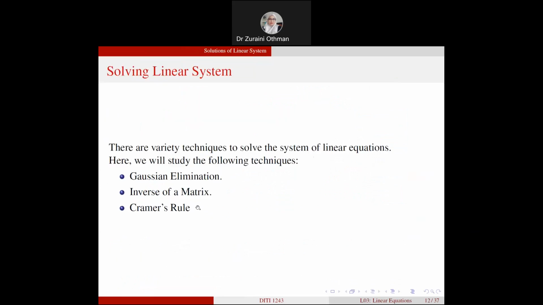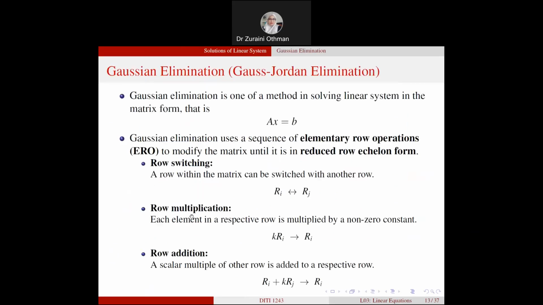Now there are a variety of techniques. I already mentioned the 3 techniques that we will focus on to solve a linear system. For the first technique, Gaussian elimination, or we call it Gauss-Jordan elimination, it involves elementary row operations.